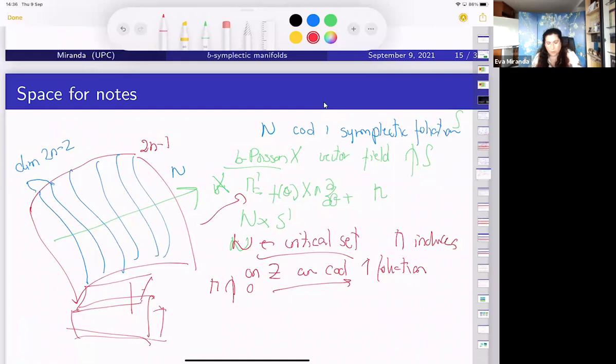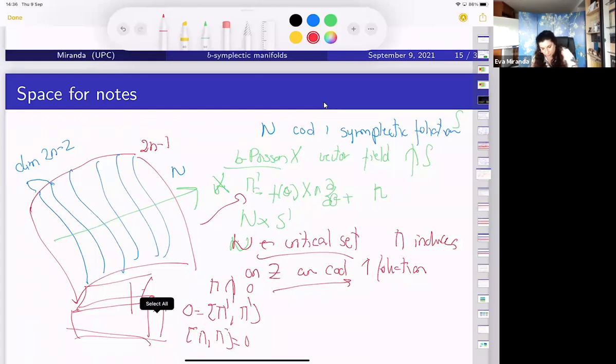Okay, where do you use that X is Poisson? This is an exercise in the list: when you want to check that the bracket of pi with itself is equal to 0, now we cannot use Marcello's theorem because we are not in dimension 2. We need to put our hands in the computation. So of course we have pi prime. We know that the bracket of pi with itself is equal to 0, and we need to check that for pi prime.